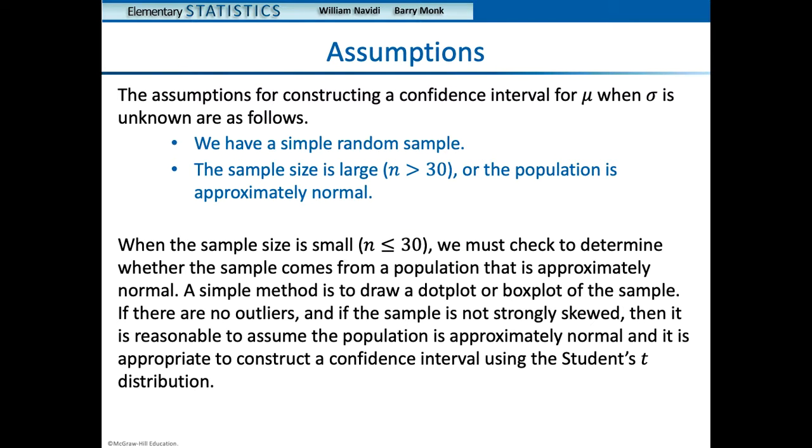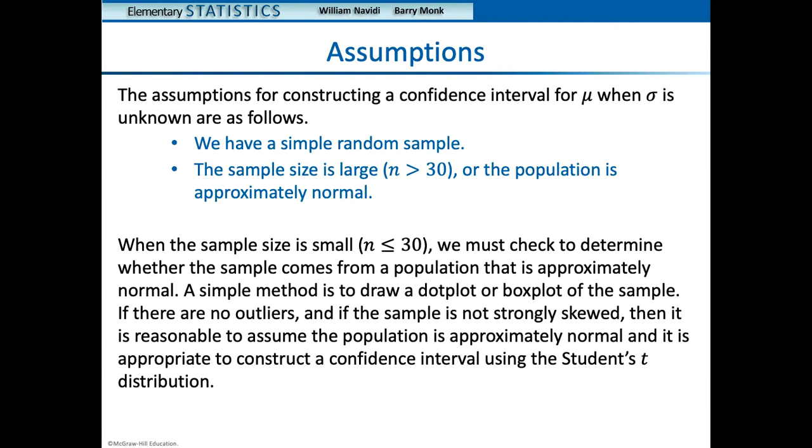Now, the assumptions that have to be met in order for this to work are pretty much the same assumptions we've been making for the central limit theorem in the previous section. The sample has to be a simple random sample, and we have to either have a large sample greater than 30, or it has to be based off of a population that is approximately normal. It's fairly common to have sample sizes smaller than 30 when using this approach.